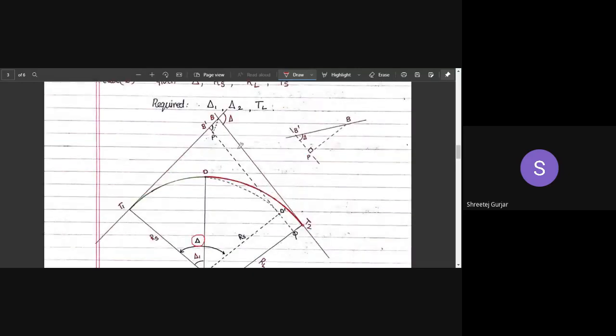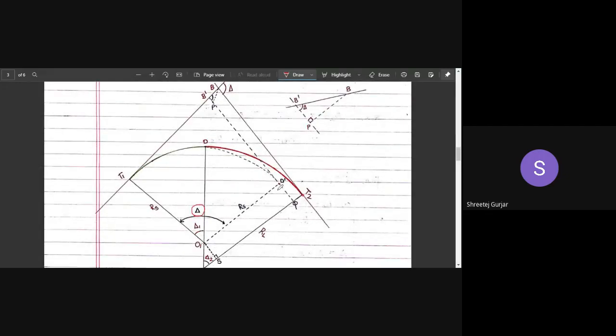So all these things are done. Next, what is this line? This line is nothing but a perpendicular line drawn to this radius RL, the radius line which I'm showing with my cursor. You draw a perpendicular line to this radius, which meets at O1.